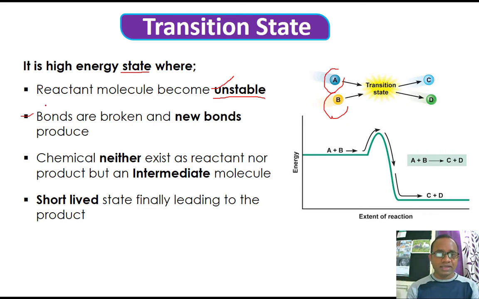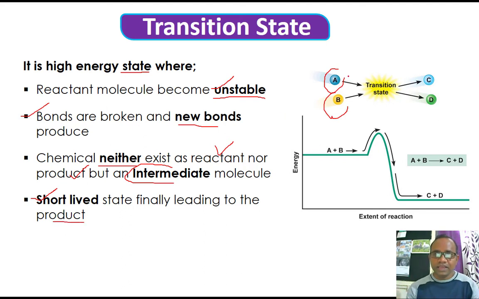The old bonds get broken and the new bonds are produced in this state. These two reactants A and B neither exist in a reactant form nor the product form. They are in the process of being an intermediate to produce a product, and this particular state is very short lived. That finally leads to the production of a product.